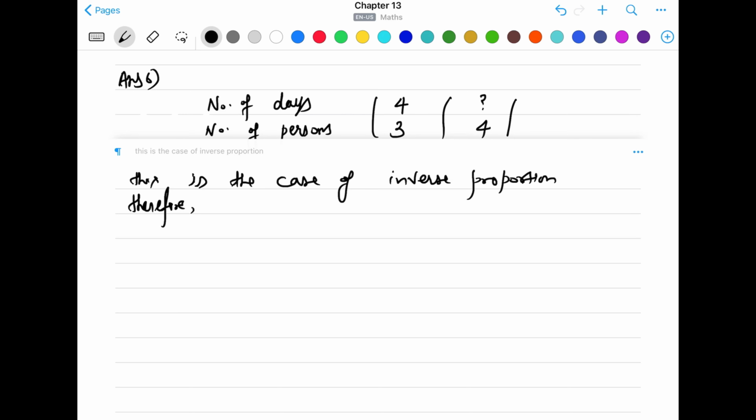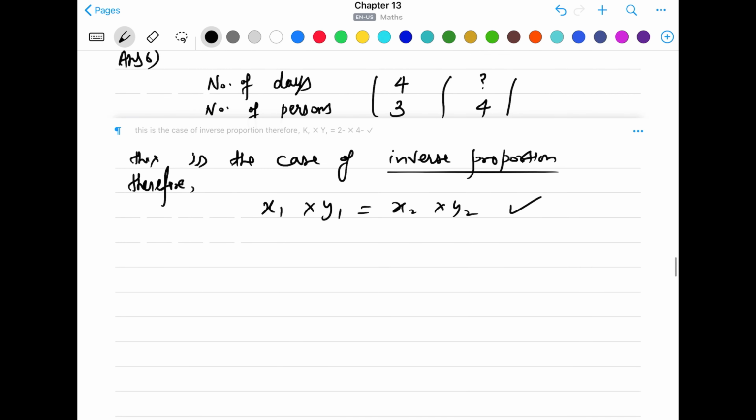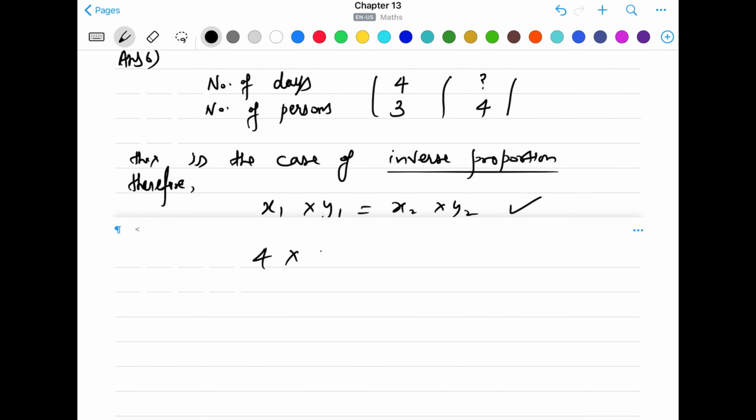Therefore, we can use the relation x1 into y1 equals x2 into y2. In every question you have to identify whether it's an inverse proportion or direct proportion, and according to that you will use the relation. In case of direct proportion we have x1 divided by y1, while in inverse proportion we have x1 multiplied by y1. So x1 is 4 now, y1 is 3, x2 we have to calculate, y2 is 4.